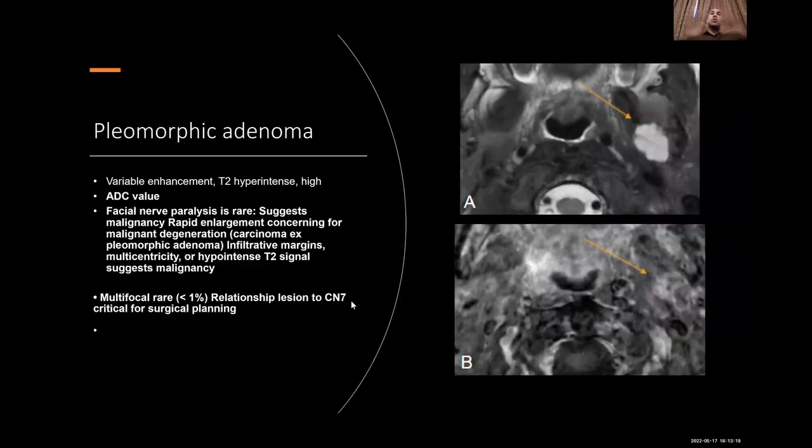Pleomorphic adenoma is the most common benign tumor of the parotid gland. It involves the deep and superficial components, with variable enhancement and T2 hyperintensity.